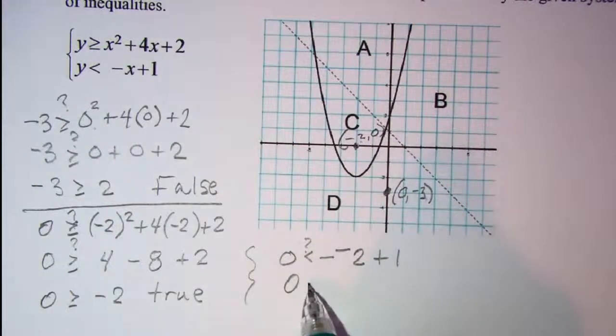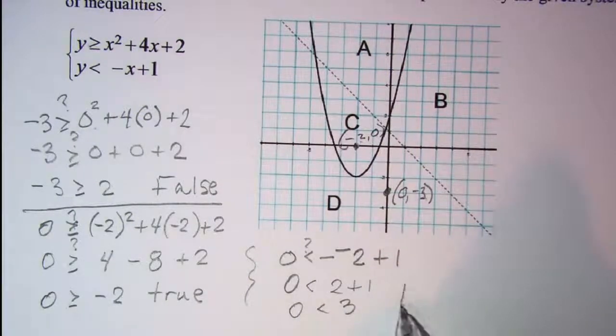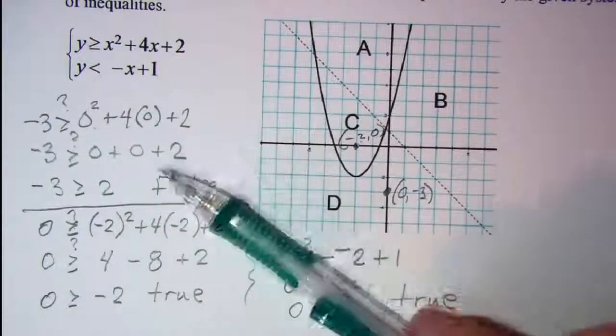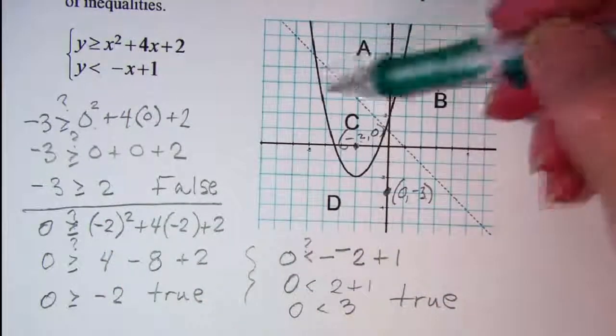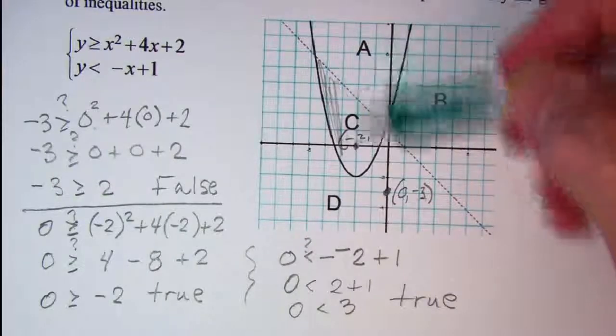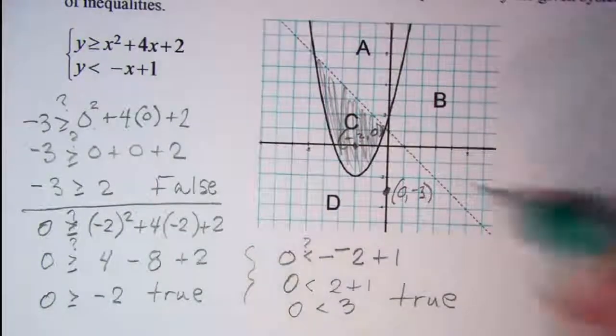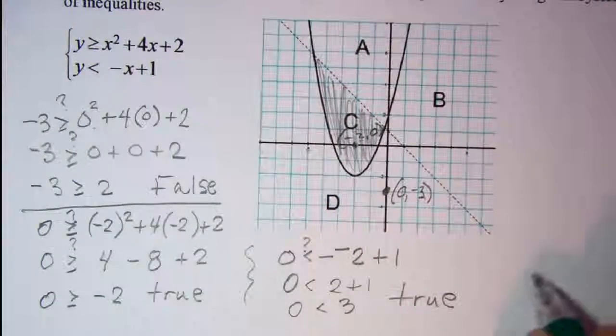We have 0, is that less than 2 plus 1? 0 is less than 3, so that's also true. So our solution set for this system of inequalities is below the line, but inside the parabola. So it's going to be here, and we'll designate that region as C.